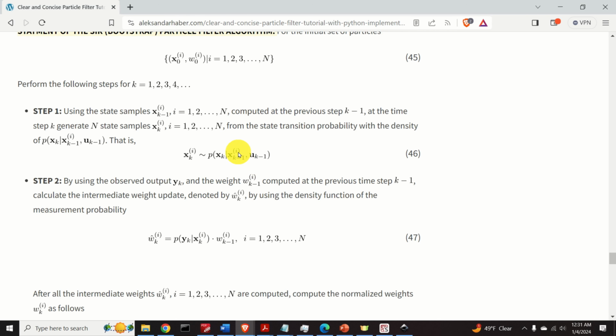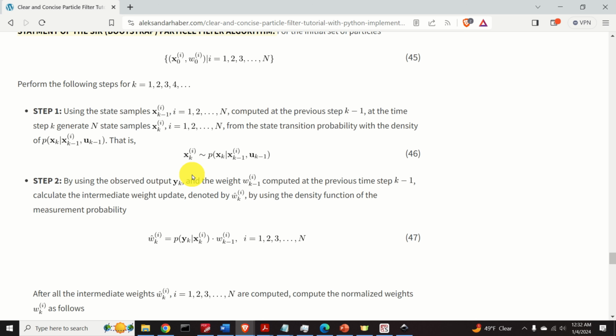In step 1 of the algorithm, for the given value of the state sample x k minus 1 with the index i that is computed at the previous time k minus 1, that is, at the previous step of the algorithm, and for the given input value u k minus 1, we generate a state sample x k with the index i from the state transition distribution.